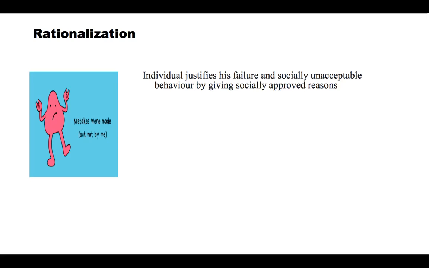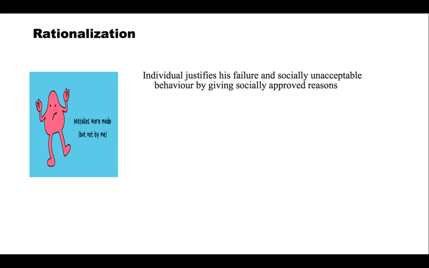Examples are a husband who does not enjoy the company of his wife outside the home and usually leaves his wife at home may give a logical reason, saying that his wife is socially shy, or a girl who fails to get admission for a nursing course may point out a number of difficulties of the nursing profession, or a person without a vehicle says that he does not want to risk his life by driving.